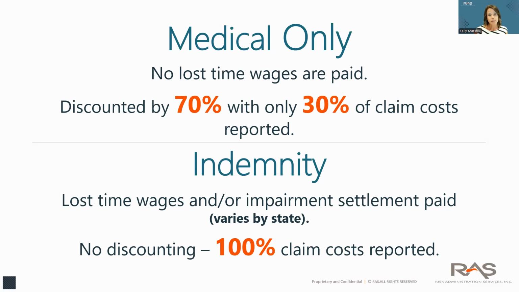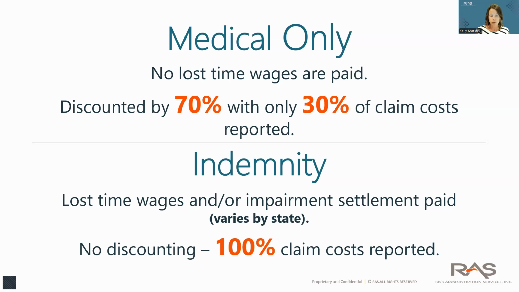So medical only are claims where sometimes this can be a little bit of a misnomer. It doesn't mean that they are only a medical claim. They can still involve pretty significant treatment or injuries, but it simply means that no lost time wages are paid to that injured worker.